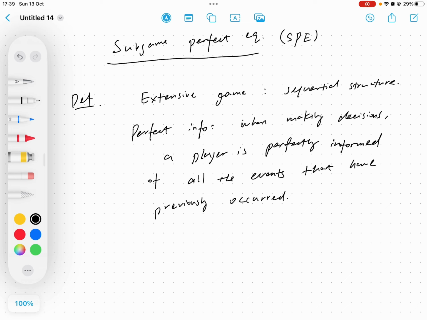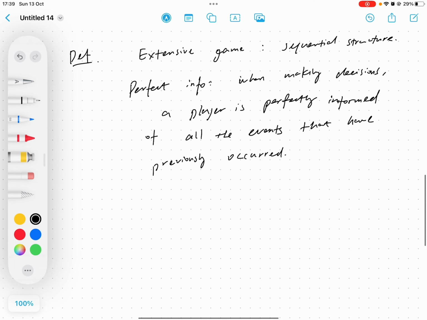We need to pay attention to this concept, because as we read some papers, sometimes people misuse it. If there is some state, some random variable, unknown to all the players, then there is still perfect information.